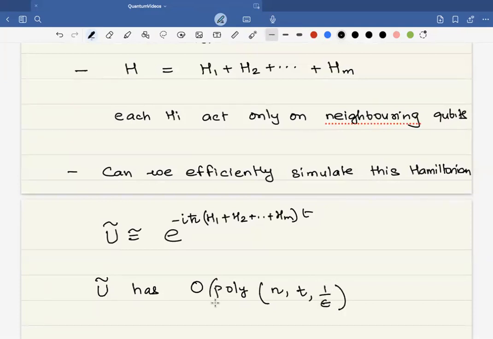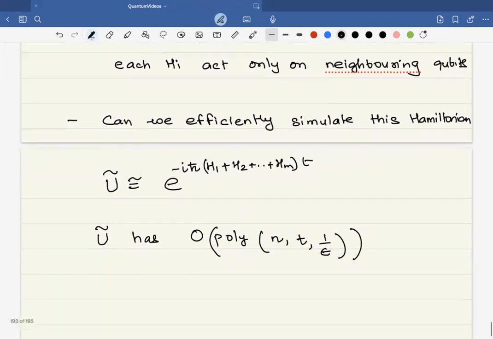So the number of gates is polynomial in these three quantities, where n is the number of qubits that you are using, t is the time of evolution, and epsilon is the approximation. So the norm of U minus U tilde may be less than some epsilon, right?